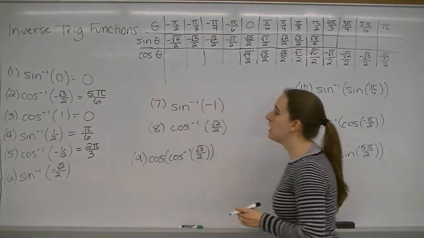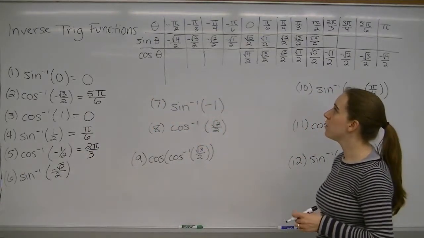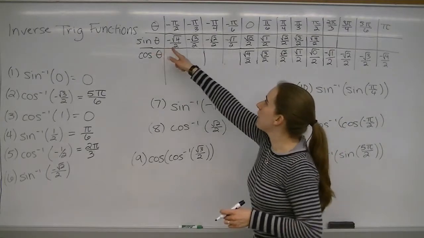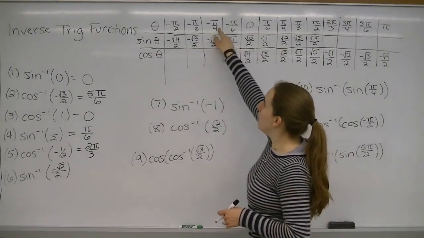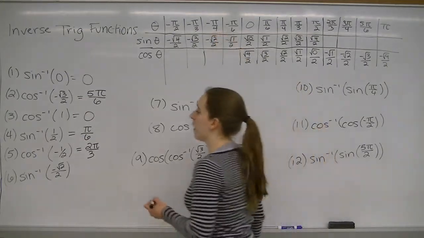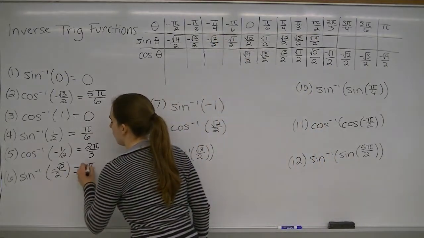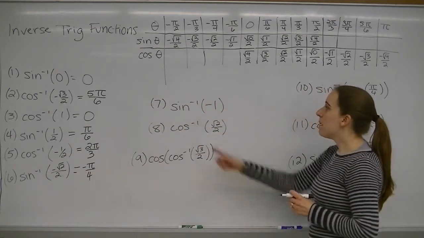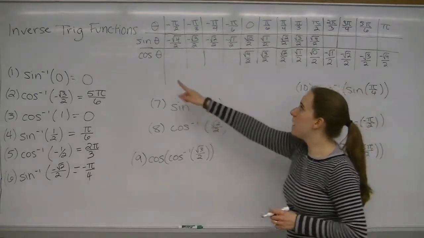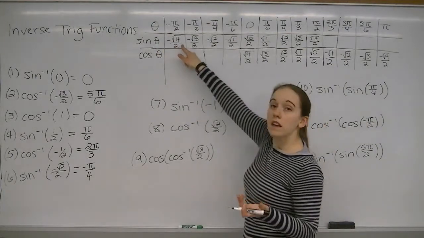Then we have sine inverse of negative square root of 2 over 2. So I'm back to my sine row. Here's the negative square root of 2 over 2. It happened at negative pi over 4. So that is my answer there. What about sine inverse of negative 1? Well, if I go along my sine row, here that is.